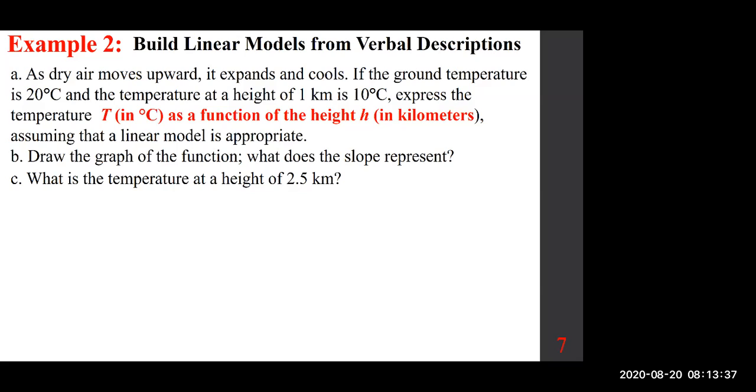So this is an example of a mathematical model, in which case we need to know the pairs that we are interested in. The way it's given, it's important to know which one is the dependent and which one is the independent variable. So the way it's set up, H and T. The temperature is a function of height.